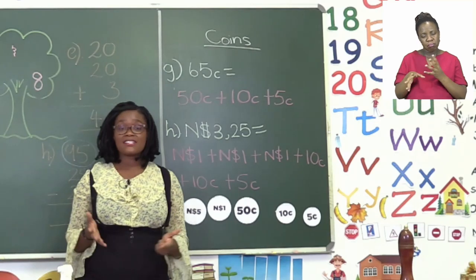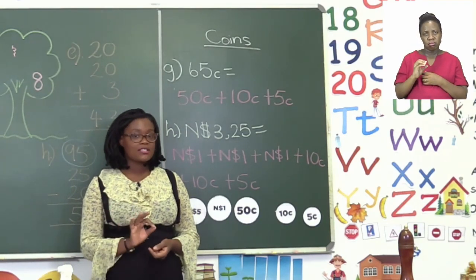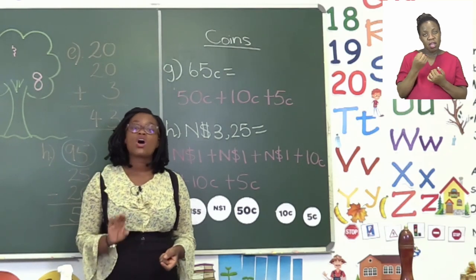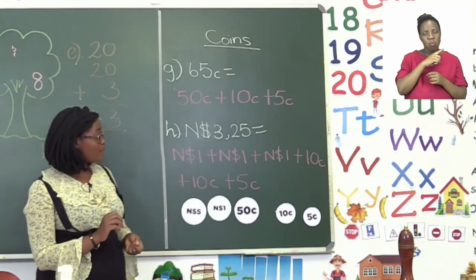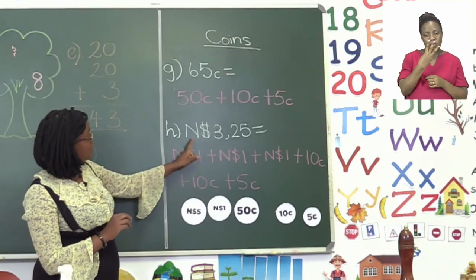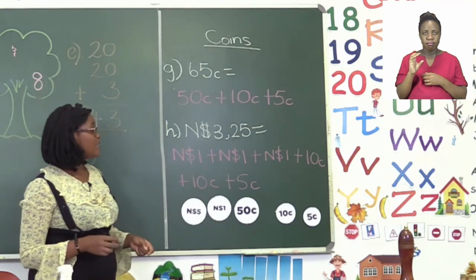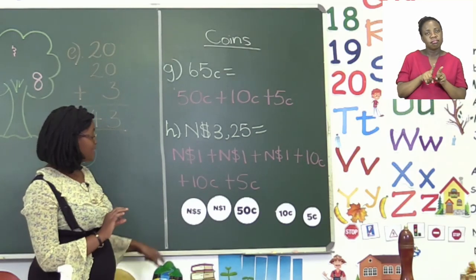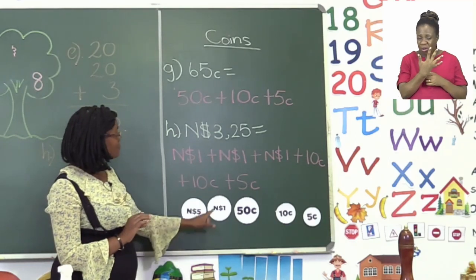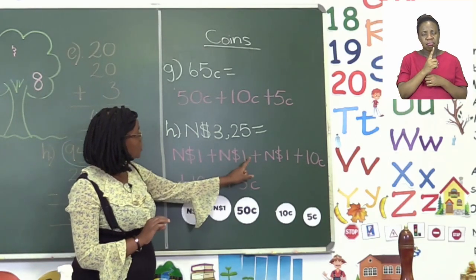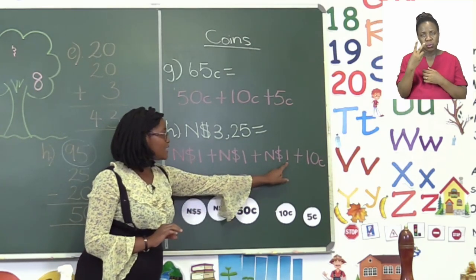This time it's not just cents but dollars as well. So we need to start with the dollars because every time you're adding money, you start with the dollars. So if we're going to say $3.25, we need to start with the dollars. Now, $5 is too big, so we can go ahead and pick 3 $1 coins. 1, 2, 3.